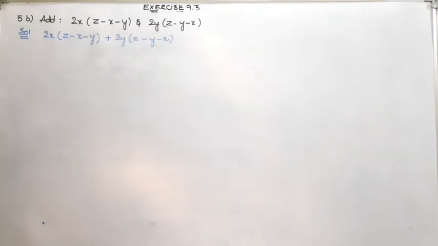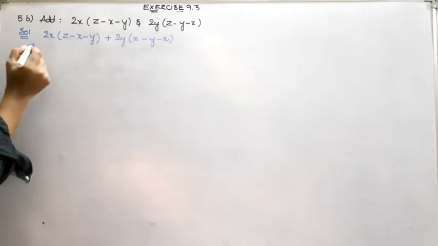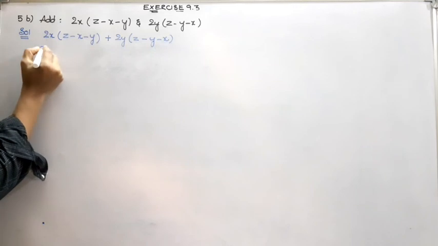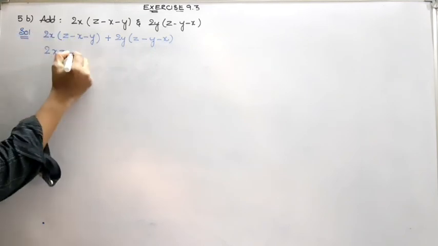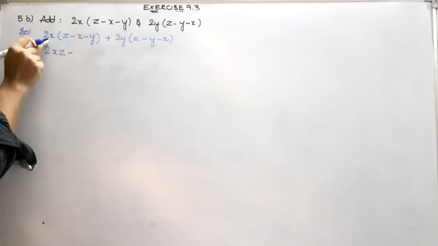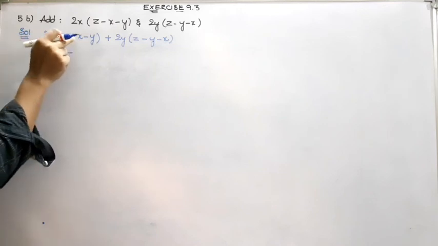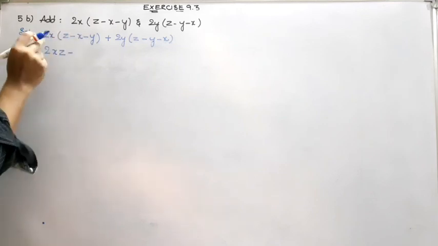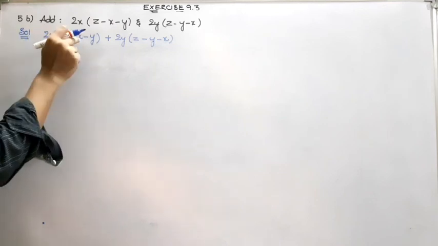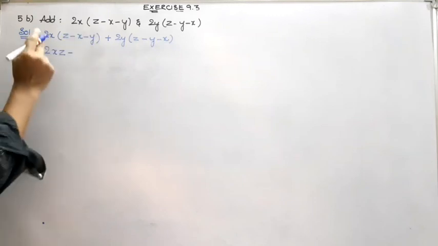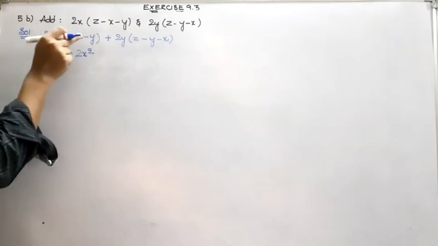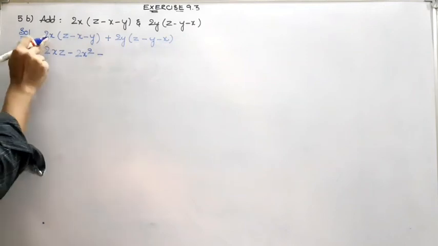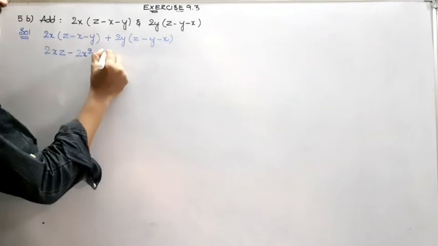So 2x into z, 2xz, plus into minus, minus 2x into x, 2x square, again plus into minus, minus 2x into y, 2xy.